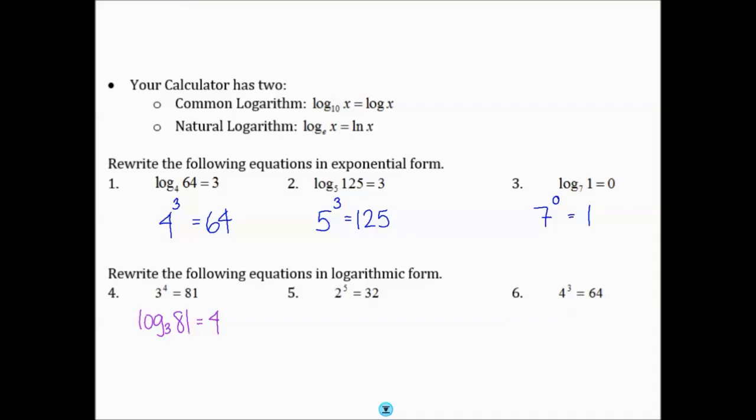For number 5, we have 2 to the 5th power equals 32. So we have log base 2 of 32 equals 5. And for the 6th one, 4 to the 3rd power equals 64. We already did this one. Log base 4 of 64 equals 3.